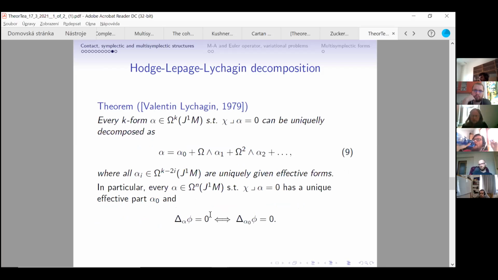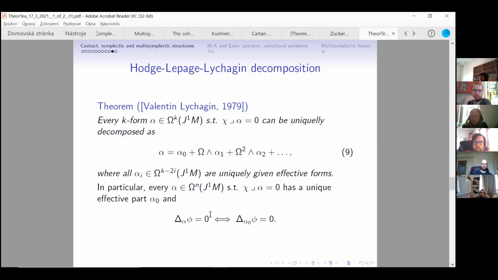Then it can be uniquely decomposed, as 9 describes, and all the alpha i's are uniquely given effective forms. But most importantly, the alpha 0 has the same degree. If alpha is a k-form, then alpha 0 is also a k-form, and it's given uniquely. So every k-form has its unique effective part.